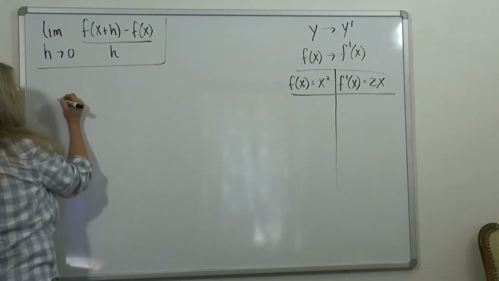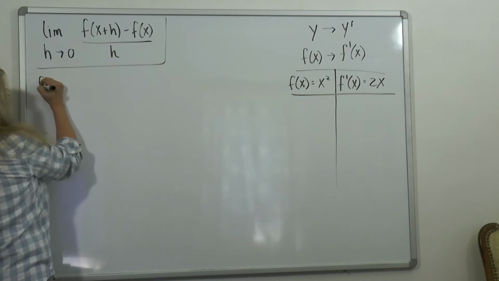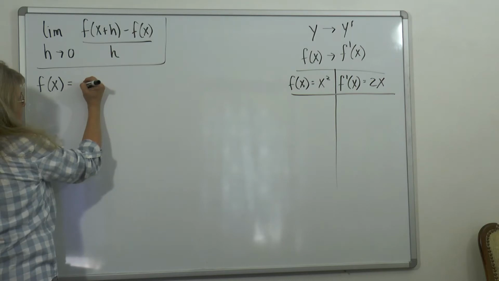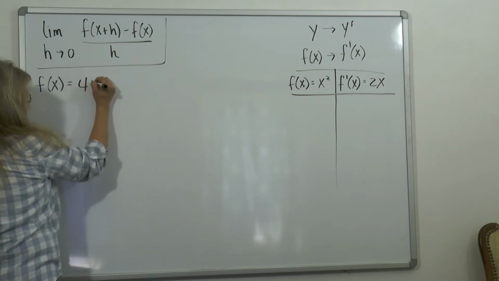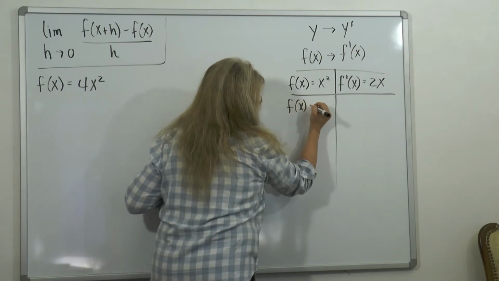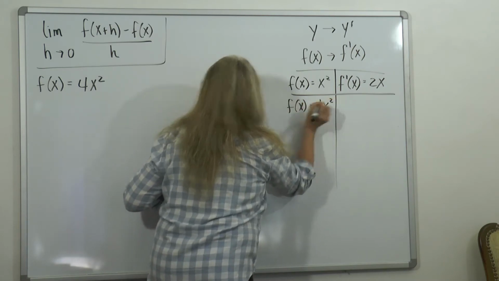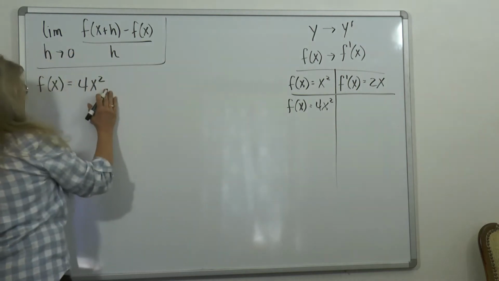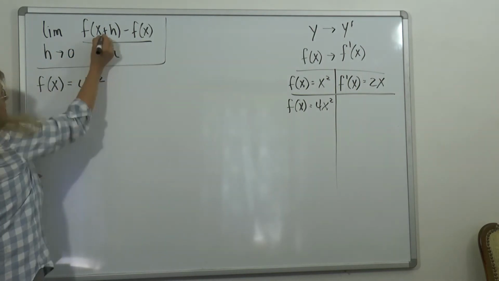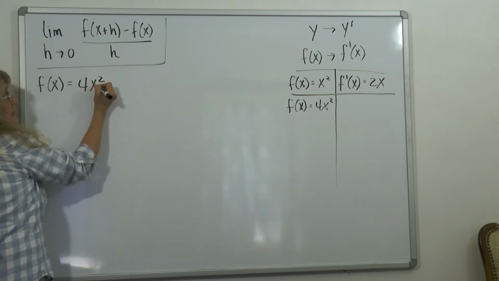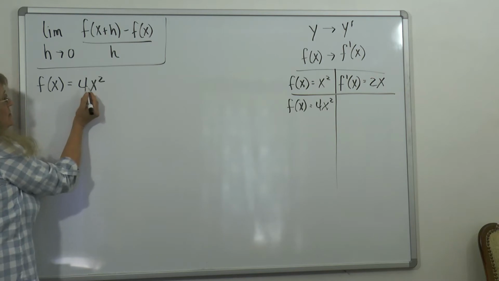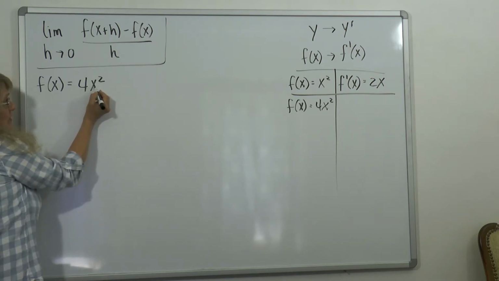Okay, so let's do if f of x is equal to 4x squared. What we're going to do is f of x plus h, which means replace this x with x plus h. Notice here, you have to be careful about a few things. The 4 is not being squared, only the x.